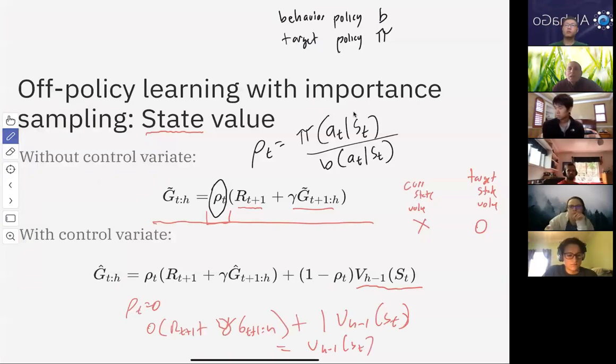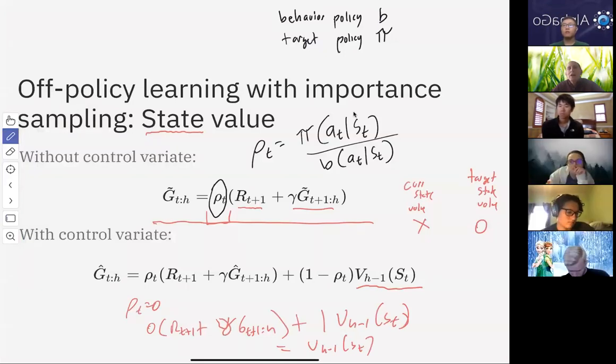So what'll happen is we just won't change it. If we get a rho of 0, it says don't change the value for that state, as opposed to changing the value to try and become 0.